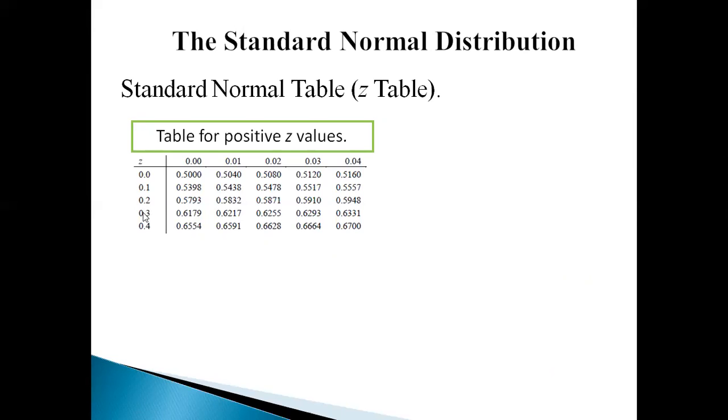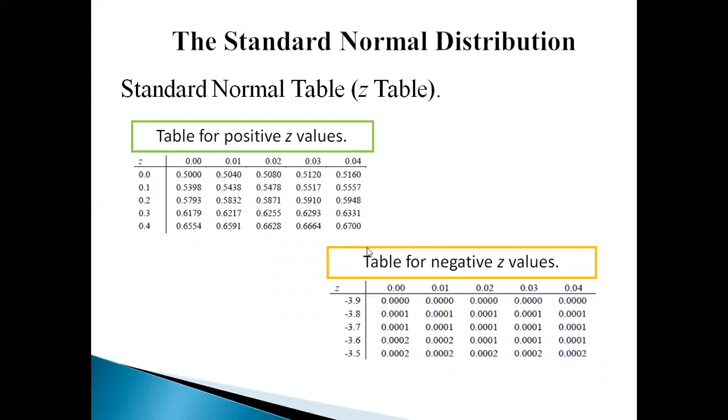We'd go down here to 0.3, then across to the 0.04, and that would give us 0.34, so 0.6331, excuse me, would be our probability. And similarly, for the negative values, you go down to whatever the negative value was, maybe negative 3.7, and maybe it's 2, and so negative 3.72 is 0.0001. Okay, and so that's how we're going to do it.